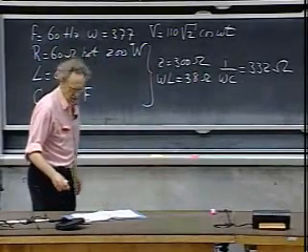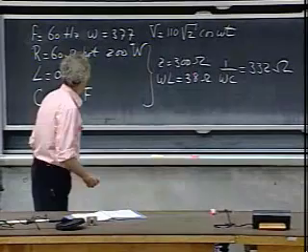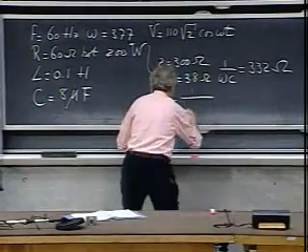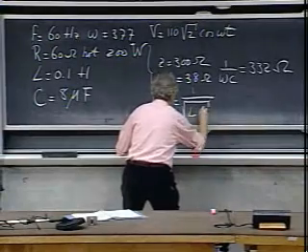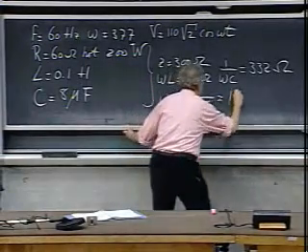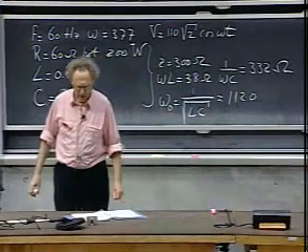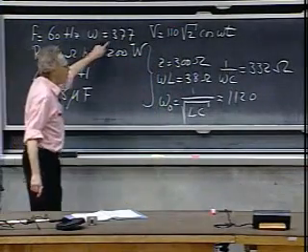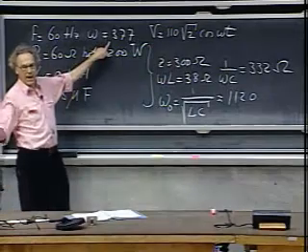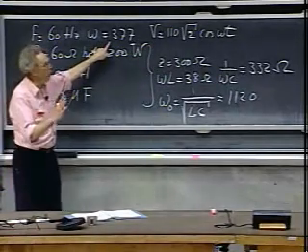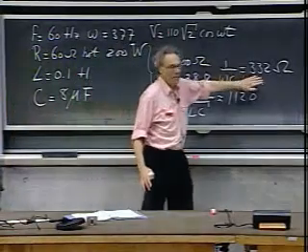In case you're interested in the resonance frequency, omega 0 is 1 over the square root of LC, and that is about 1120 radians per second. In other words, my driver is nowhere near resonance. I am way below resonance. When you're way below resonance, it is the C that dominates.